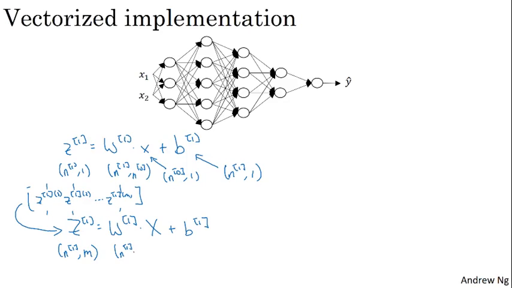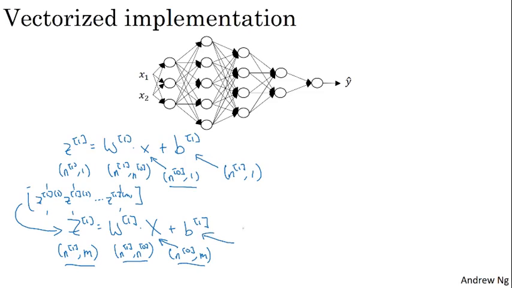The dimensions of W1 stay the same, so it's still N1 by N0. And X, instead of being N0 by 1, is now all your training examples stacked horizontally. So it's now N0 by M. And so you notice that when you take an N1 by N0 matrix and multiply that by an N0 by M matrix, together they give you an N1 by M dimensional matrix as expected.